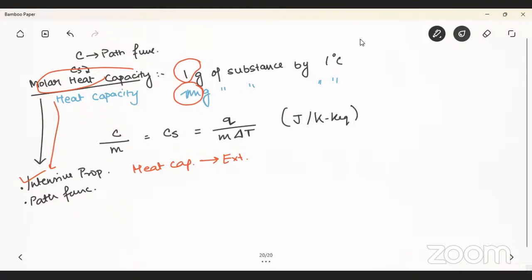Okay, so next, I'm writing in the next slide. In case only for gases, heat capacities are of two types.